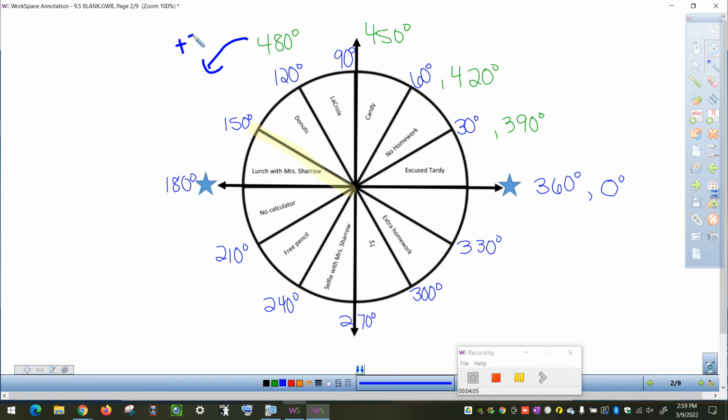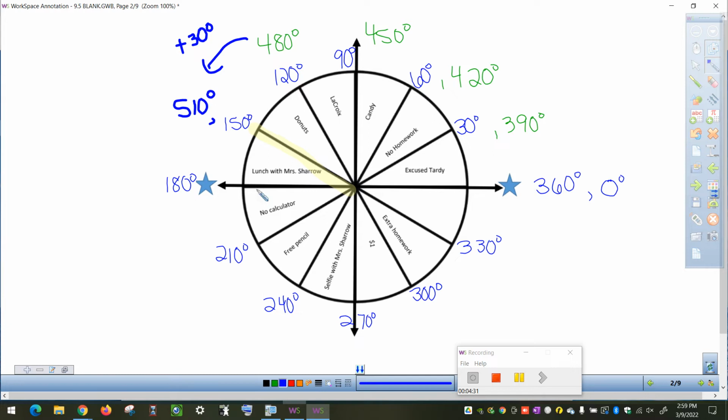Yeah. I actually intentionally stopped at 480 because I wanted you all to think about how we would continue labeling. But it turns out that if we just continue adding 30 each time, notice that 510 is another label for the same position. It has the same terminal side as 150. And so what that spin would look like is starting here, we've actually gone one full time around the circle, that's 360, and then our paperclip is not stopping yet, it's still going, and then it ends on this line.